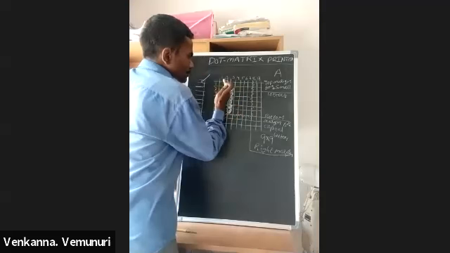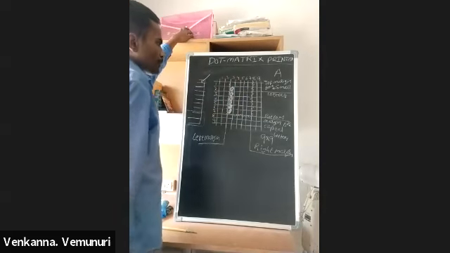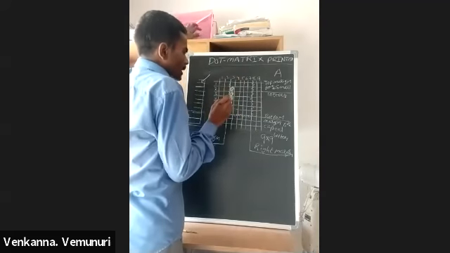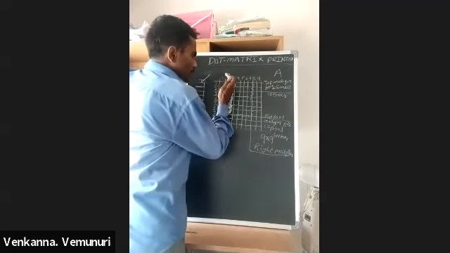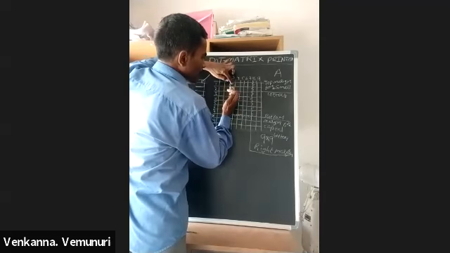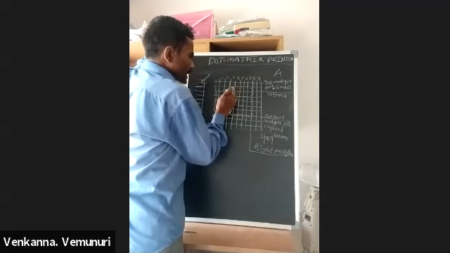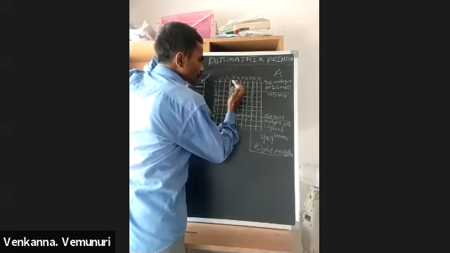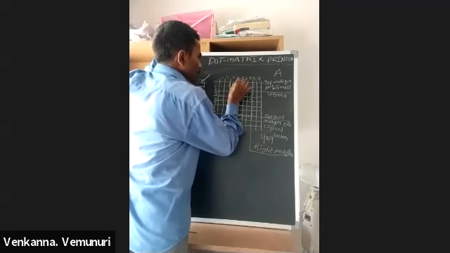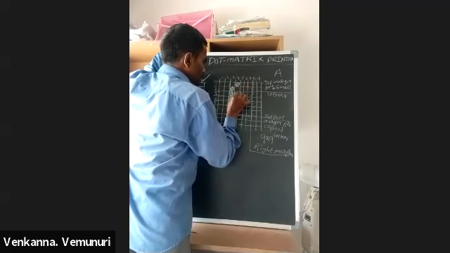Now this print head is moving to the next column. In this next column, pin number 1 and pin number 4 are firing. Now the print head is moving to the next column. In this, pin number 1 is firing and pin number 4 is firing.